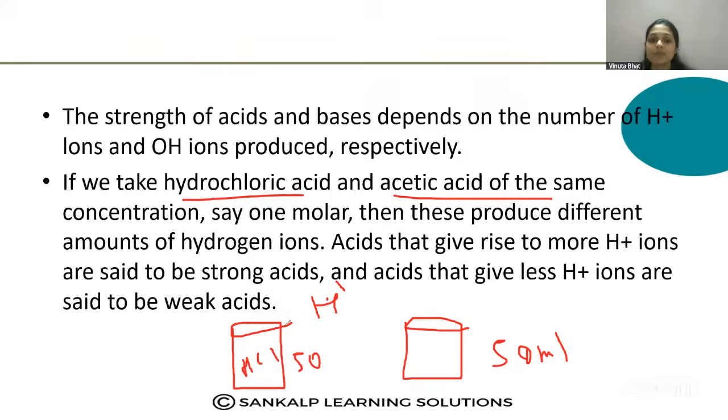So here HCl is the strong acid, and acetic acid is the weak acid. Example for the weak acid yaudu? Acetic acid. Nodi.